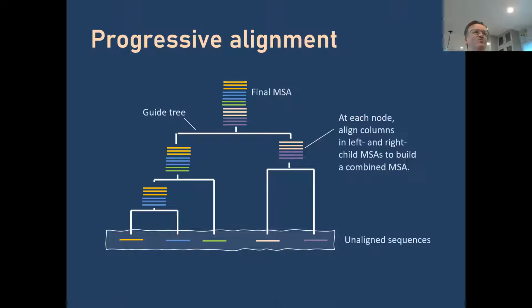The way that works is you have a binary tree, and at the bottom of the tree are the unaligned sequences. At each node of the tree, you align the subtrees on the left and the right to build a new MSA, and you keep the subtrees fixed. You just introduce new gaps in order to align those two subtrees.